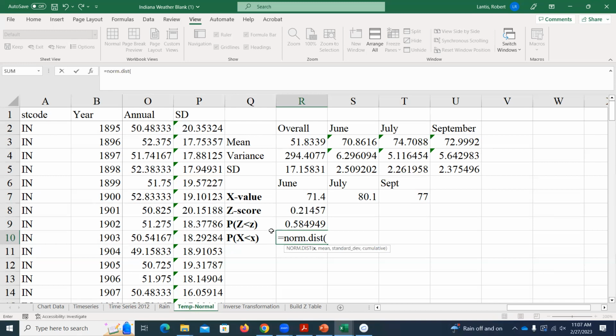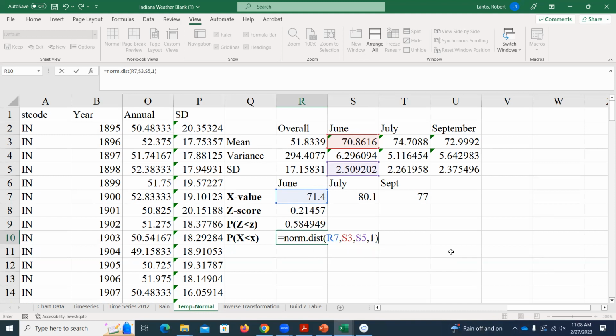So this tells Excel, okay, look, I'm dealing with a normally distributed variable, not standard normally distributed. I'm interested in finding the area to the left of this cutoff value, comma, here's the mean of this normally distributed variable, comma, here's the standard deviation of this normally distributed variable, and then just like before, comma 1, always making it cumulative.